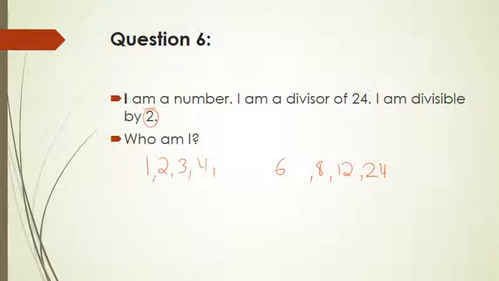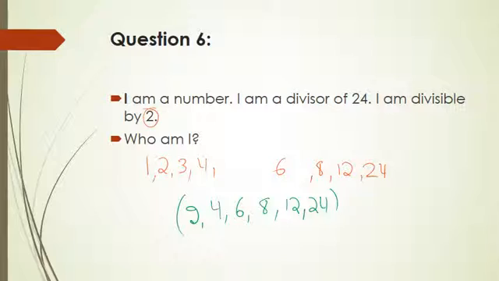It could be 12. Start by 2. It can be 2, it can be 4, it can be 6, it can be 8, it can be 12, it can be 24. It could be any one of these.